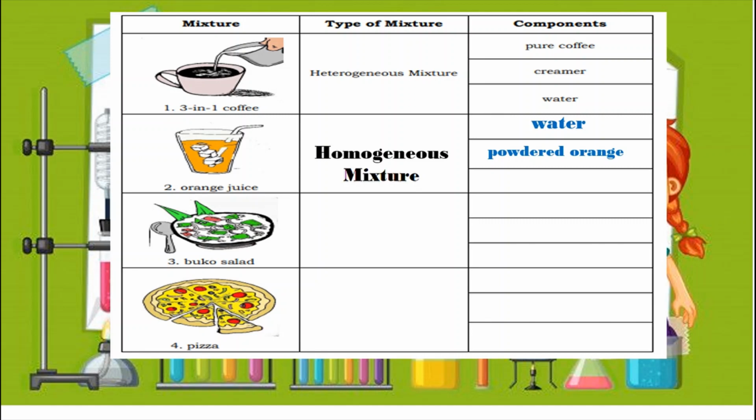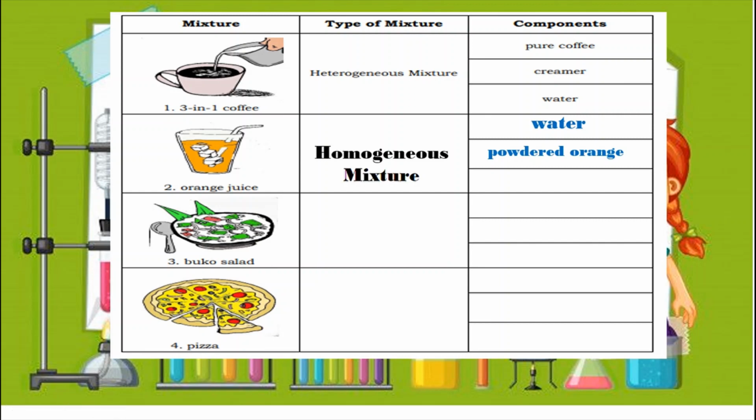So ma-mix na gyud na siya all together all throughout sa water. So mauna siyang type of mixture ani niya kay homogeneous mixture. So water, powdered juice, o pwede po ng ice siguro diha. So tapos diri na ta. Diri number 3, buko salad.